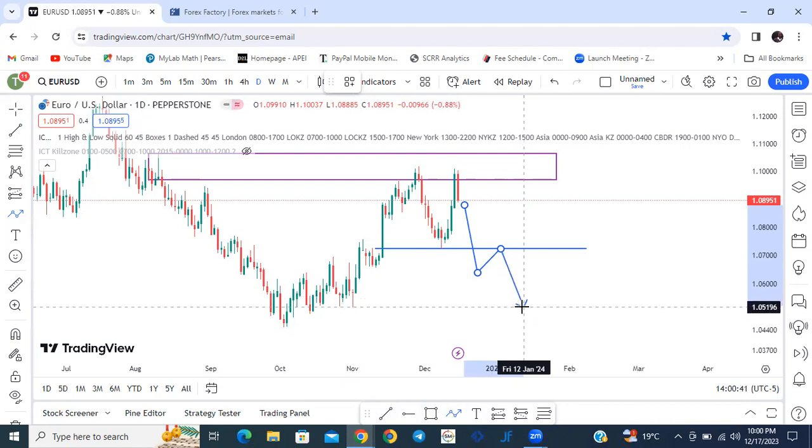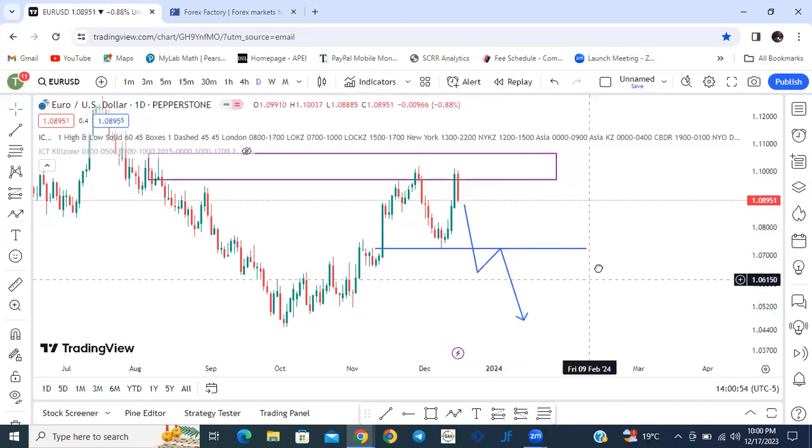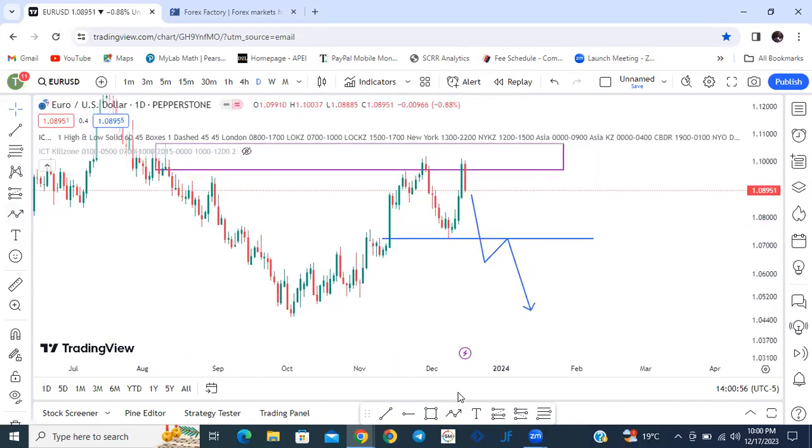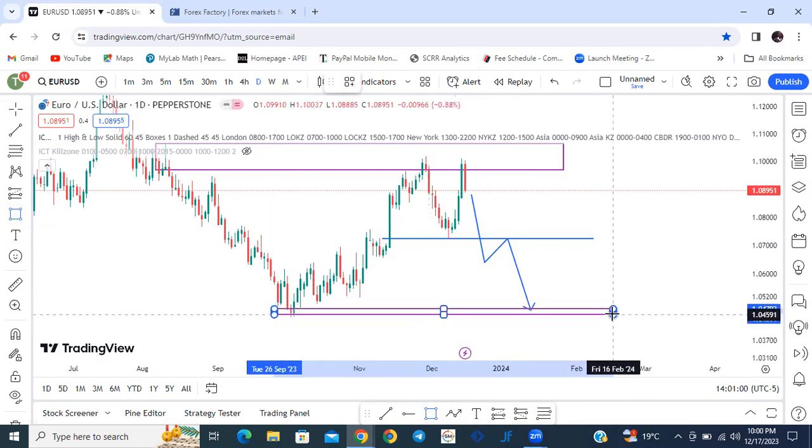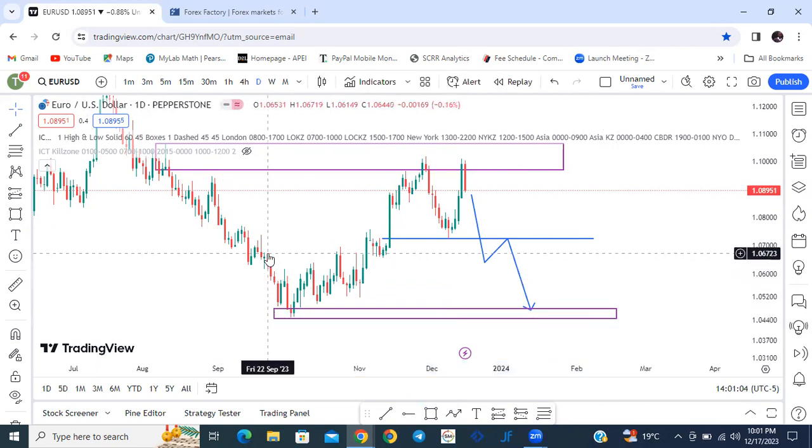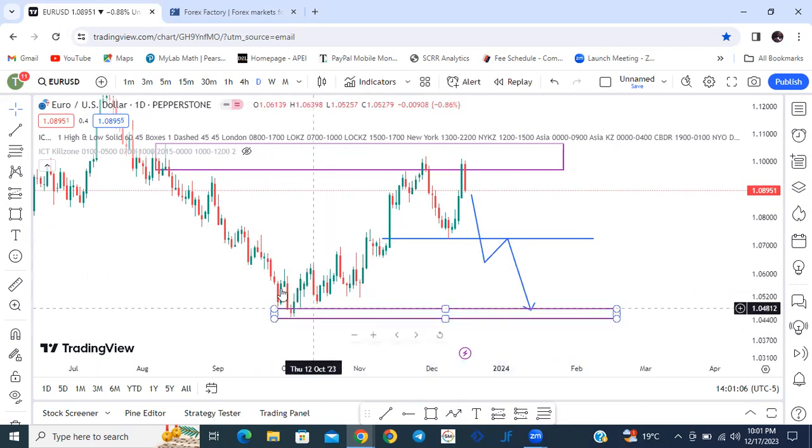The other level we'll be looking at on the downside is 1.05196, and then this level here around 1.04752. Because here we have a very high probability demand area, since here you had a break of structure.